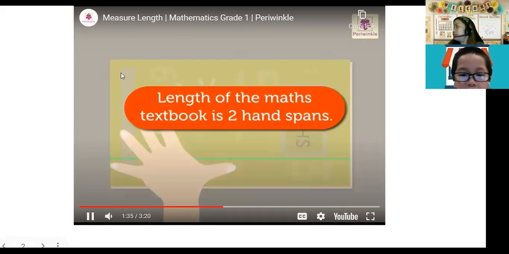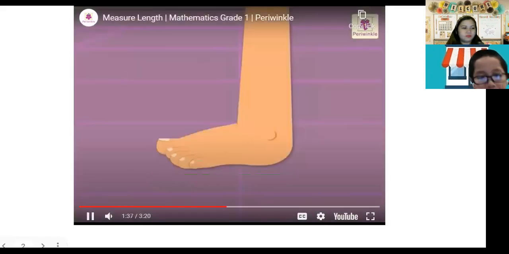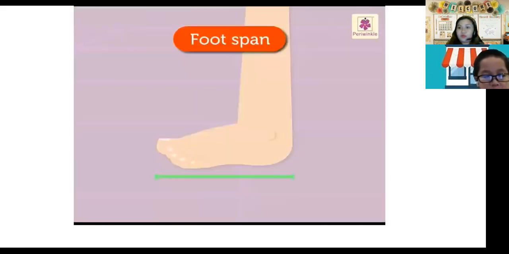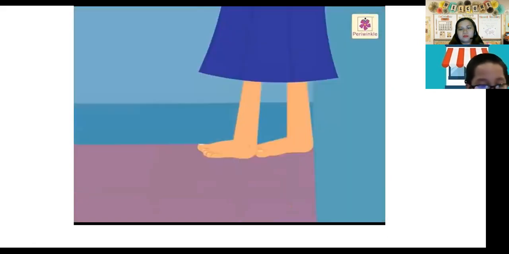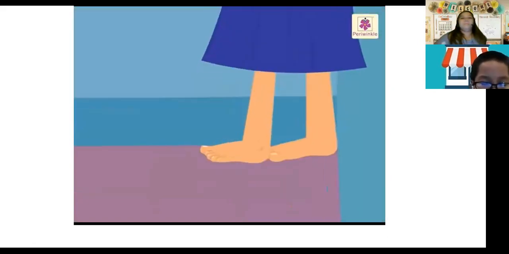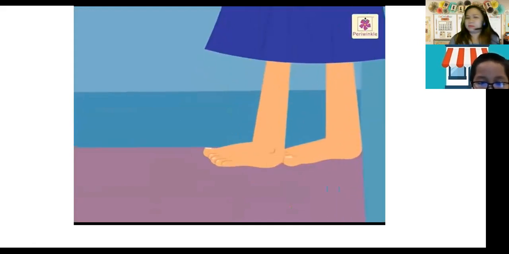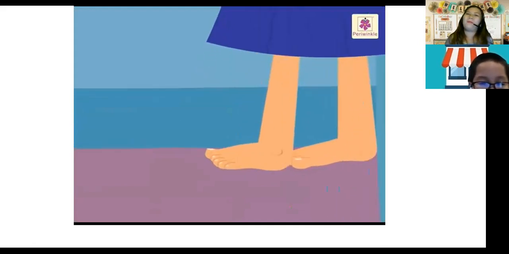Okay. Now, let's see Okay. what you mean by foot span. Foot span now. Foot span is the distance from the tip of the toe to the heel of the foot. Look, Lisa is measuring the length of the classroom with her foot spans. Mhm.